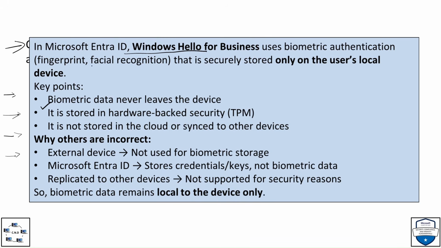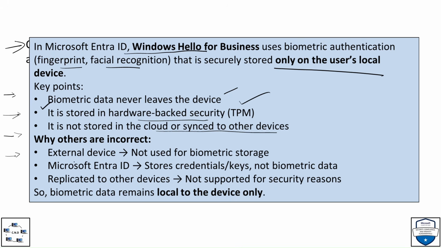So in Microsoft Entra ID, Windows Hello for Business uses biometric authentication, that is fingerprint and facial recognition, securely stored only on the user's local device. Key points are that biometric data never leaves the device. It is stored in hardware-backed security, that is TPM, and it is not stored in the cloud or synced to other devices.